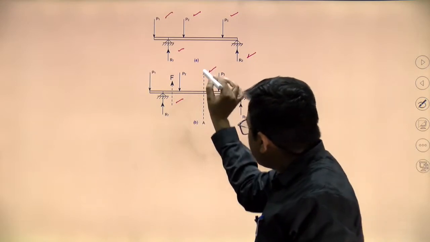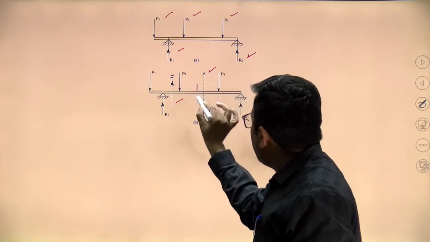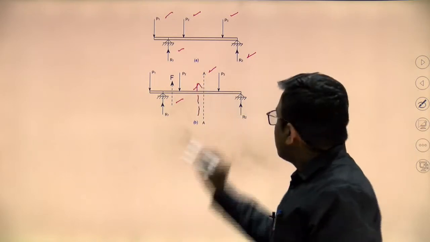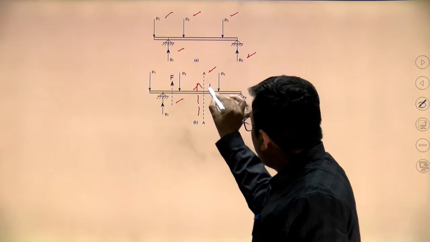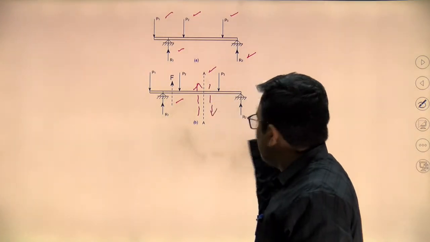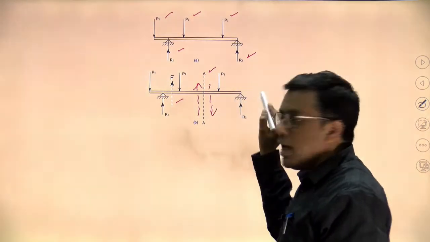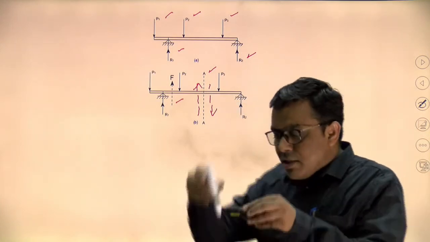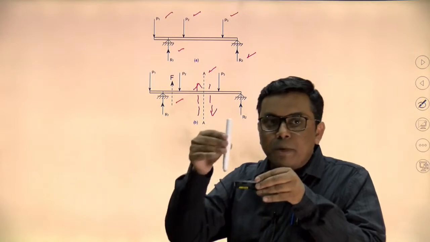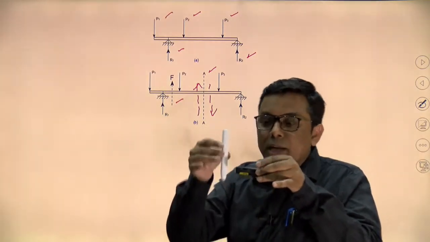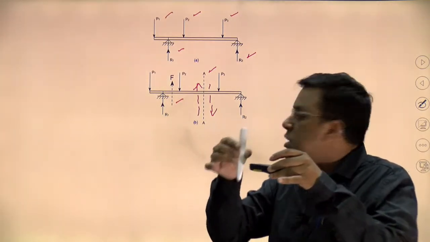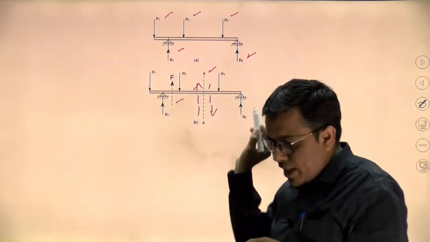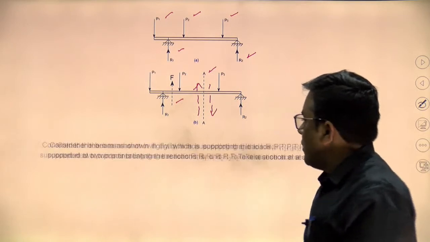Obviously, at this section plane F is the upward force. So, for the equilibrium of the beam, on the other side of the section plane there must be an equal and opposite downward force which is parallel to the transverse plane. That is why it is named shear force, and that force F is known as shear force. So that is what is written here.